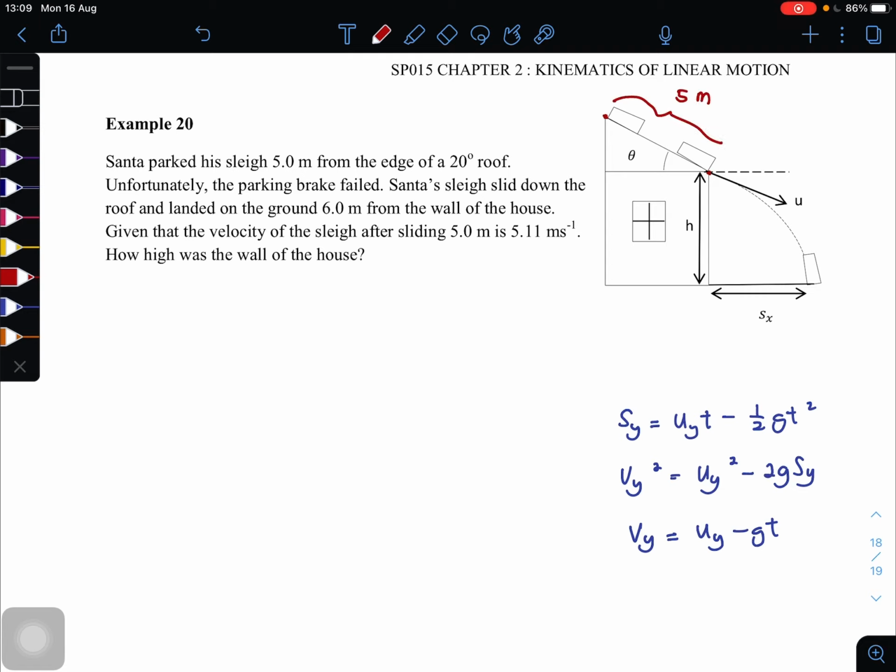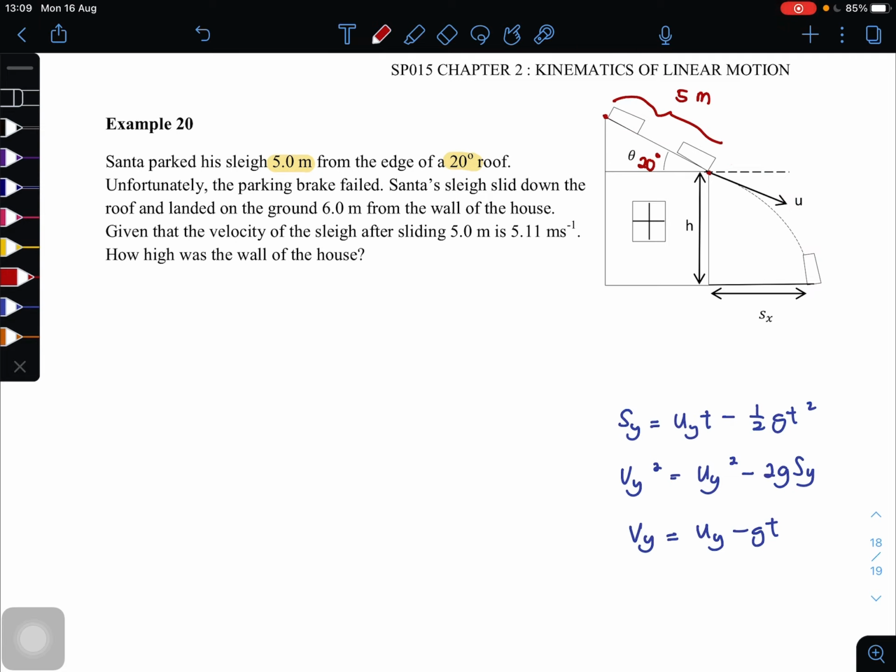And then given the angle, it is 20 degrees. So here is the 20 degrees. Okay, after the parking brake fell, so this sleigh fell down and landed at the point here.